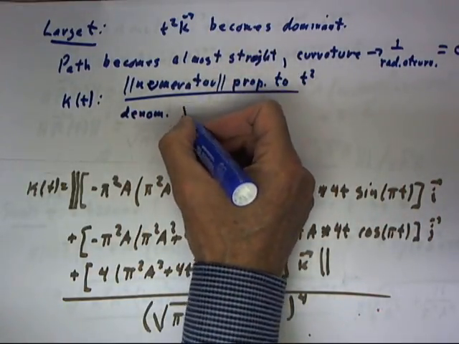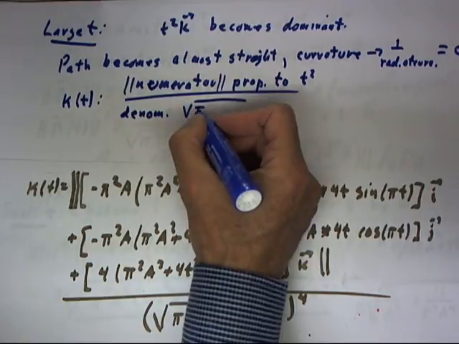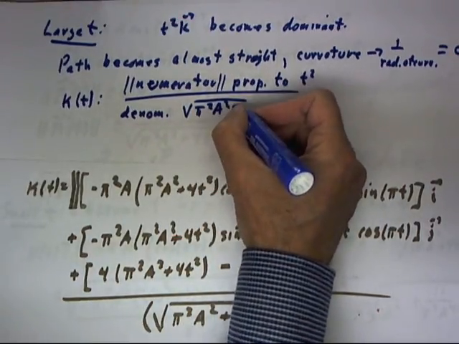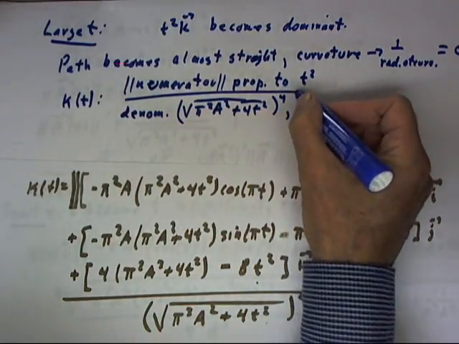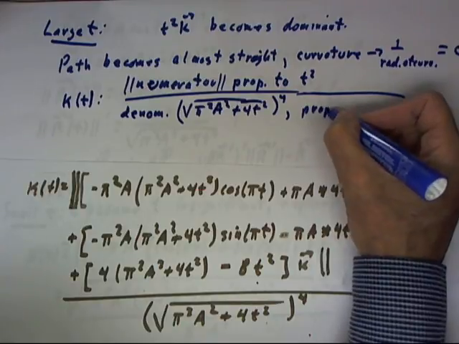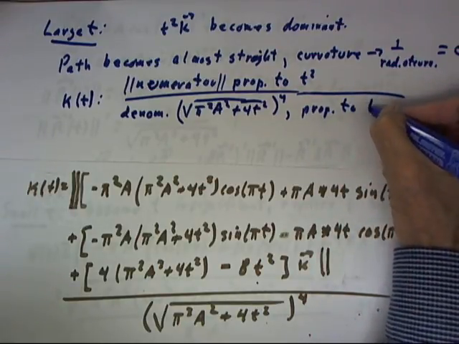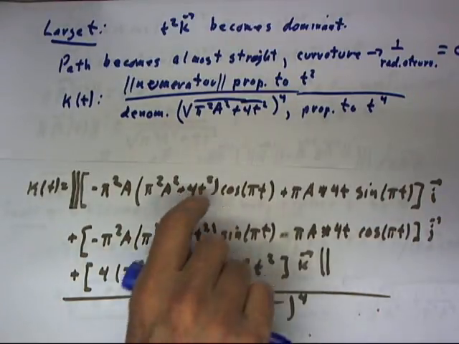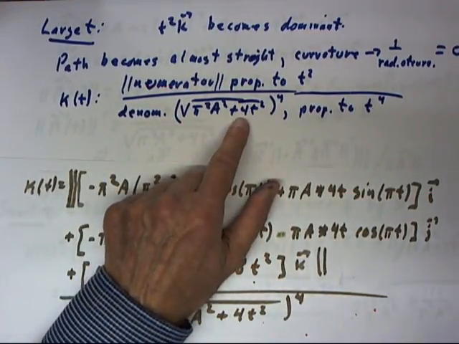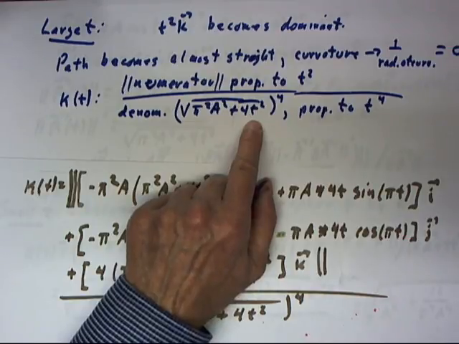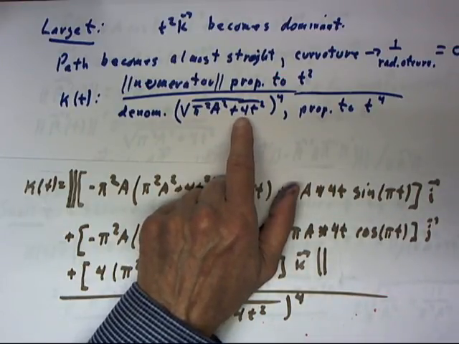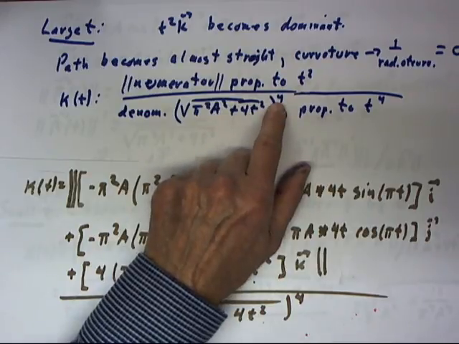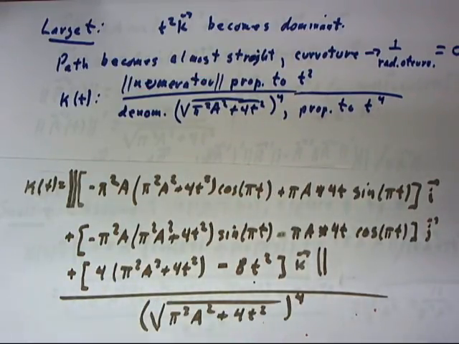So the denominator is going to be the square root of pi squared a squared plus 4t squared to the 4th, which is proportional to t to the 4th. If you ignore everything else in here and don't even worry about the 4, as t gets very large, this square root is going to be close to 2t, the square root of 4t squared. So this part is going to be proportional to t, and when we raise that to the 4th power, it's proportional to the 4th power.